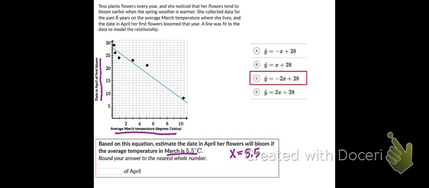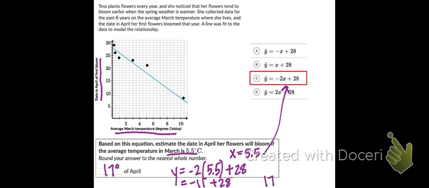We're just going to substitute 5.5 into our equation. So y equals negative 2 times 5.5 plus 28. Always do the multiplying first. When you multiply those, you get negative 11. And when we add that to 28, we get 17. So the flowers bloom on April 17.